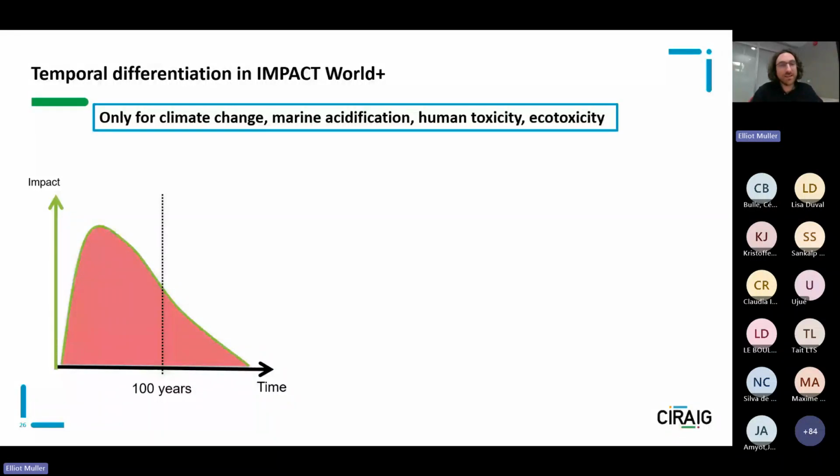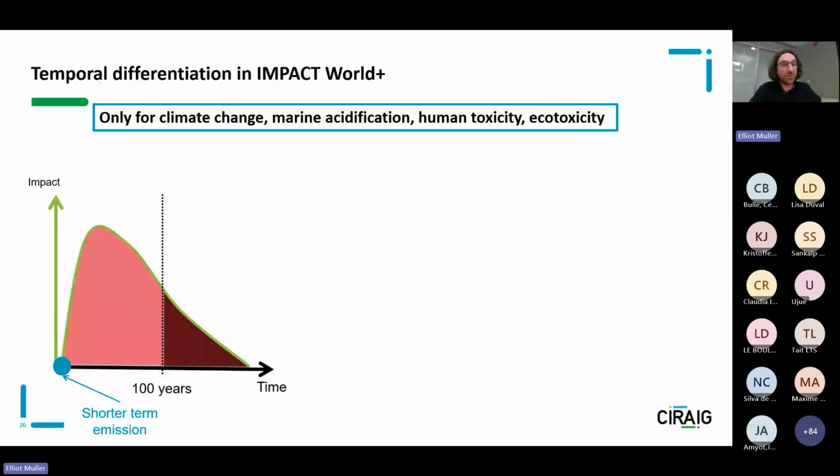So what you can see here, the first example, is that if the emission takes place at the shorter term, so in a simplified view, it takes place at year 0, we can see that part of the impact is going to happen before the 100-year period, and part of the impact is going to take place after a 100-year period.